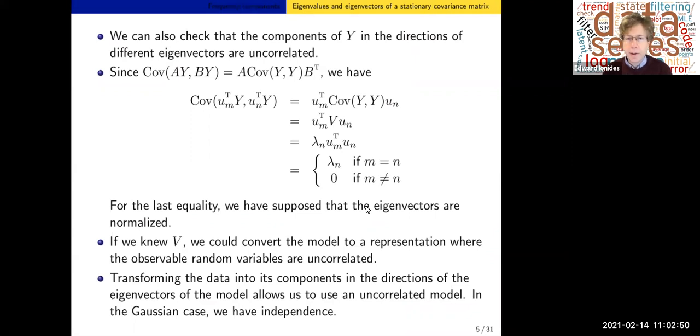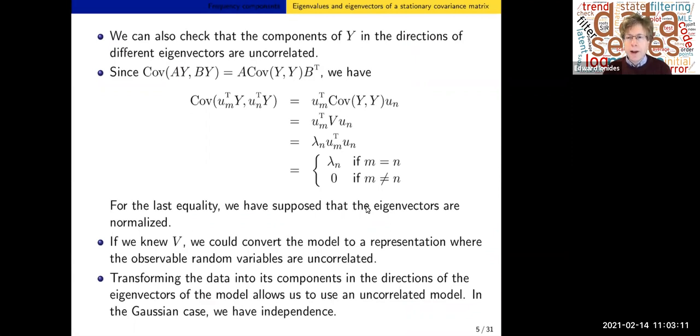Here we're really also using that left eigenvectors are the same as right eigenvectors, and then the orthogonality of the eigenvectors is exactly what we need to show that the components in those directions are uncorrelated.